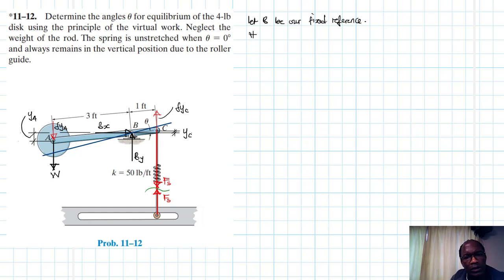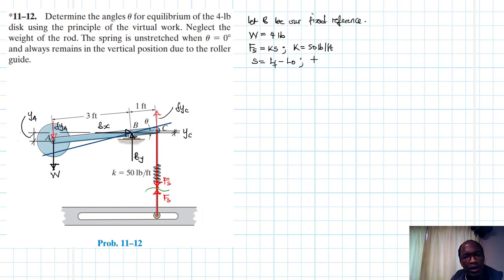All right. So W is given already. We've been told W is 4 pounds. Fs, which is the spring force, is equal to K, which is the spring constant times the stretch. K is given as equal to 50 pounds per foot. S is equal to L final minus L naught.